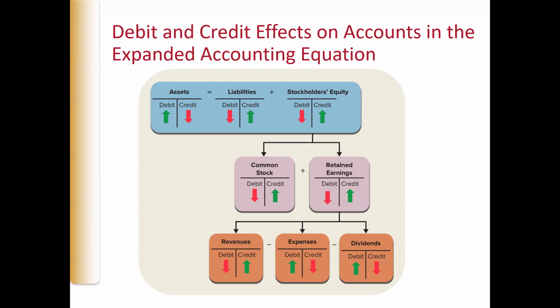And think about this. An expense ultimately decreases retained earnings. That's why we debit expenses and we debit dividends. The account expense and the account dividends have a normal debit balance.